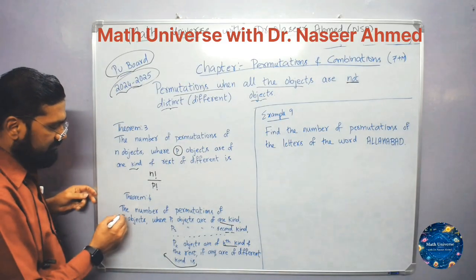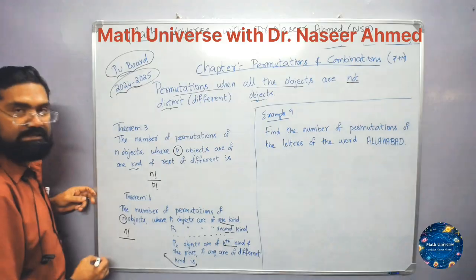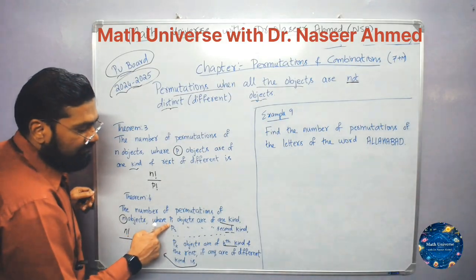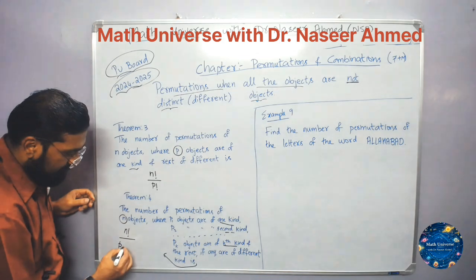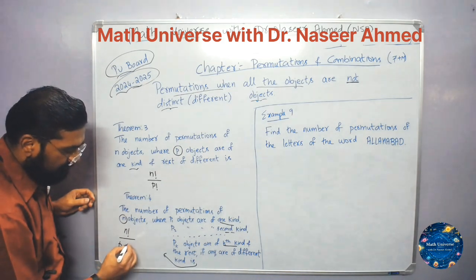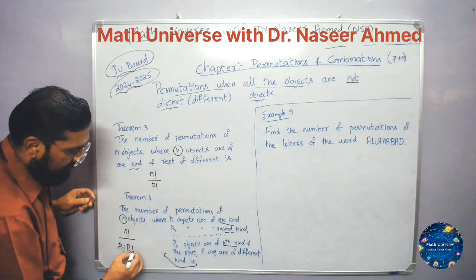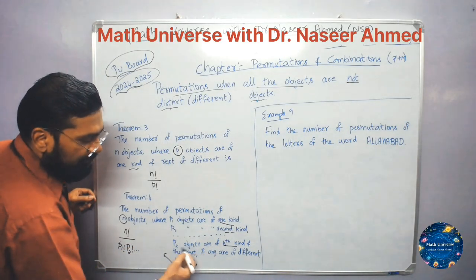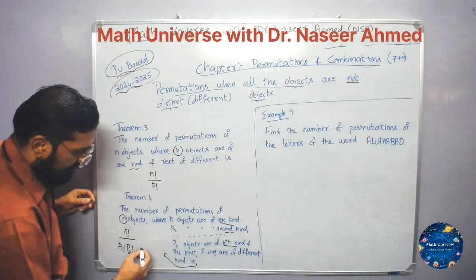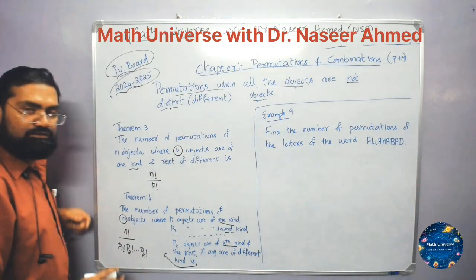Since the total number of objects is n, the answer will be n factorial, and since p1 objects are of the same kind, we divide by p1 factorial. Then p2 objects are of the second kind, so p2 factorial. We continue till the kth kind, pk factorial. So whichever are repeated, that should be divided.